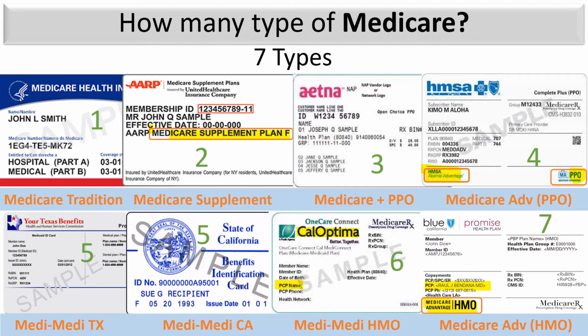So number 6 is the Medi and HMO. We can cancel the HMO for them, so they can be back into number 5 with the Medi. Number 7 used to be number 3 before.